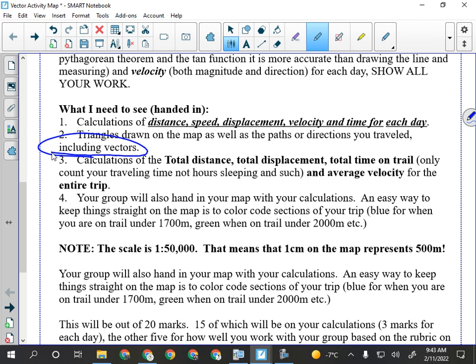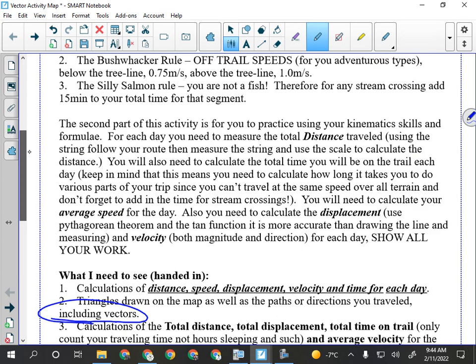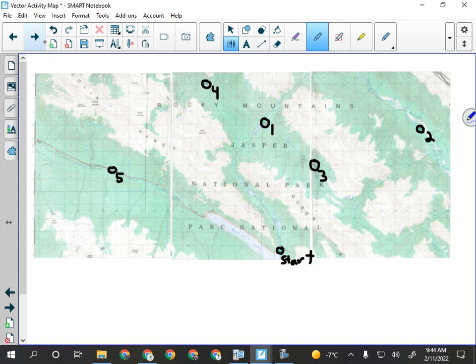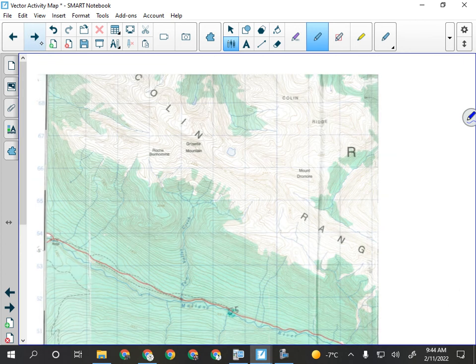So here's what I would suggest you do. We have these rules that tell us we can walk at different speeds depending on where we are. So if I'm looking at my map, and let's just say that I'm making up some space because this isn't part of yours, let's say I'm starting right here, and I need to go to here.